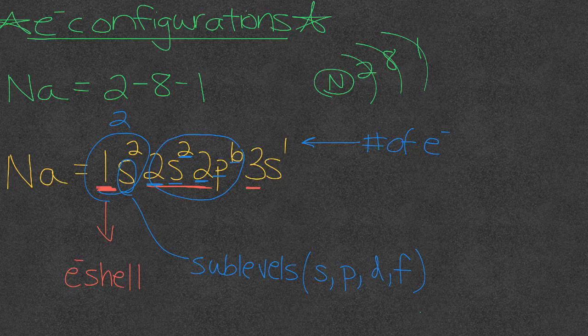So we still have 8 electrons in the second shell, but now we know that they're split up into the S and the P sublevels. Then in the third electron shell, S sublevel, we have just 1 electron. So we still have the 1 valence electron in the third shell, but we are a little bit more specific on the location, knowing that it's in the S sublevel.